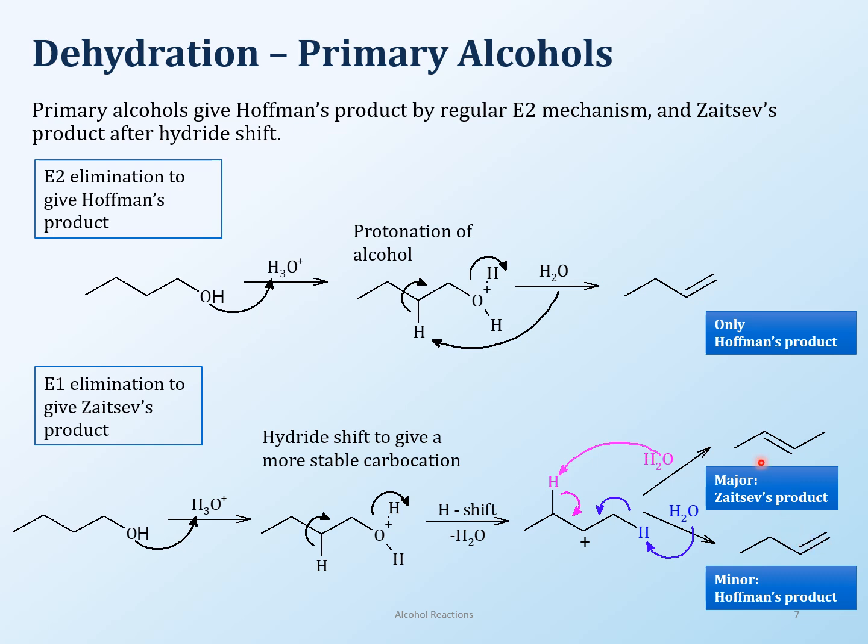Now, if you look at both of these reactions, the E2 and the E1, in the E2 you're getting one butene. You're getting one butene here also, right? Whether the mechanism is E1 or E2, you're still getting one butene.